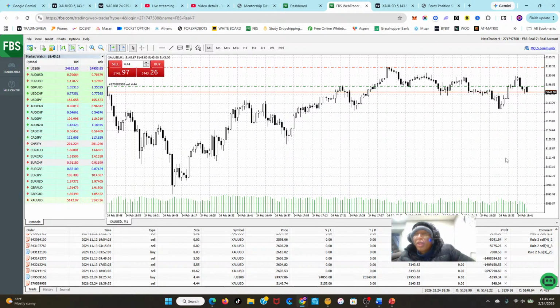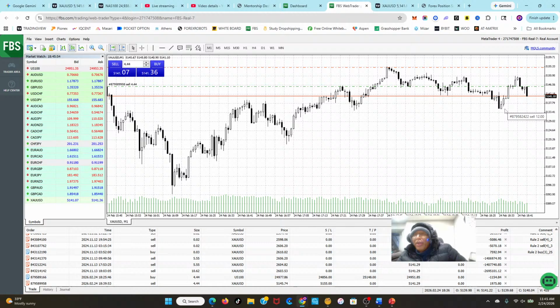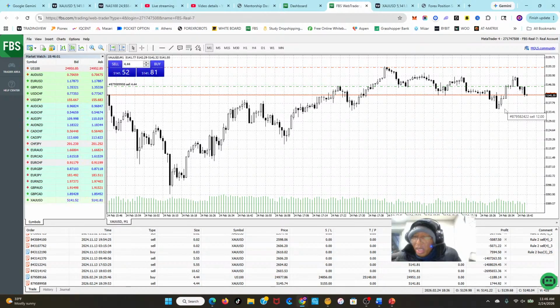If we can clear that green bar here, if the red bar can go further than this, then there's a likelihood to push further down to this level. Alright, so we have about $18 there.